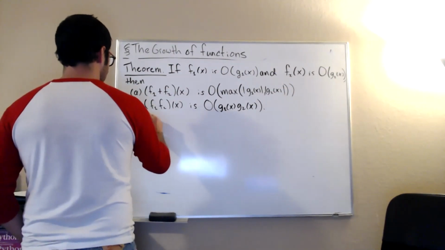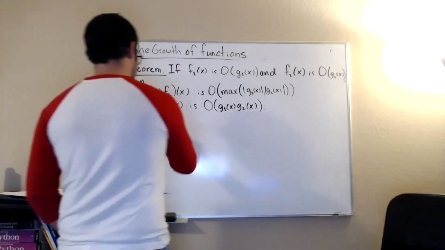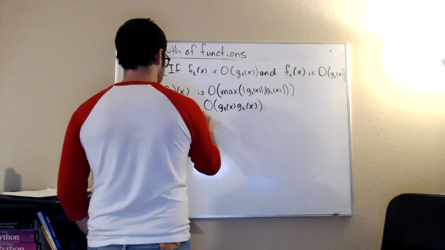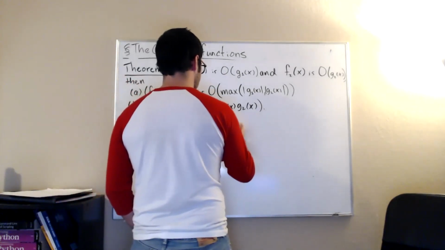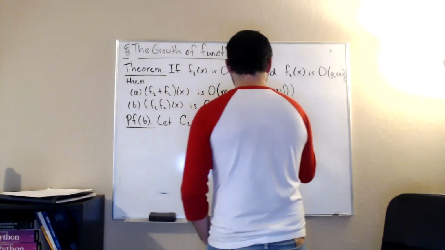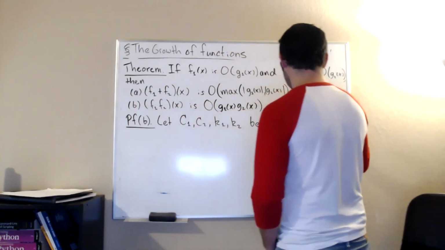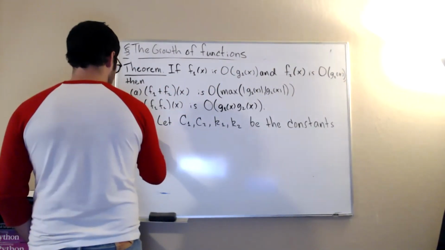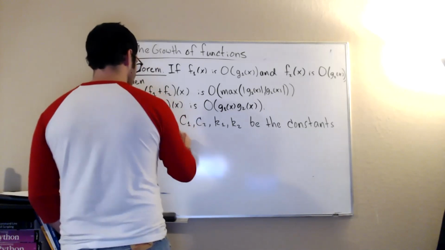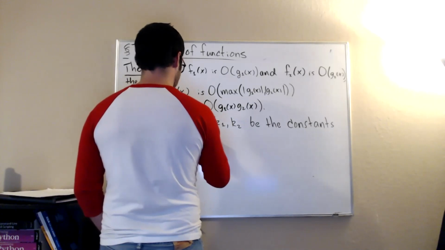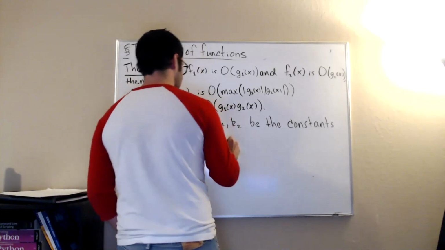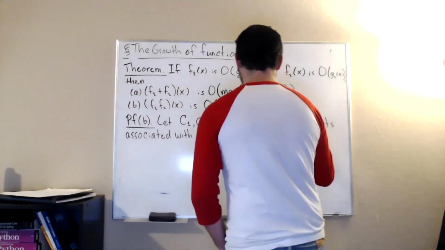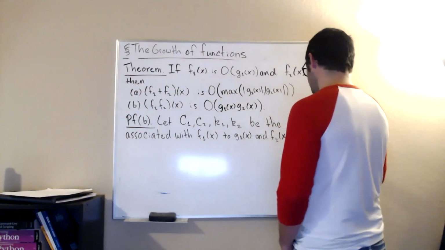The proof of part B. So, let C1, C2, K1, and K2 be constants that can be associated with f1 of x to g1 of x and f2 of x to g2 of x.